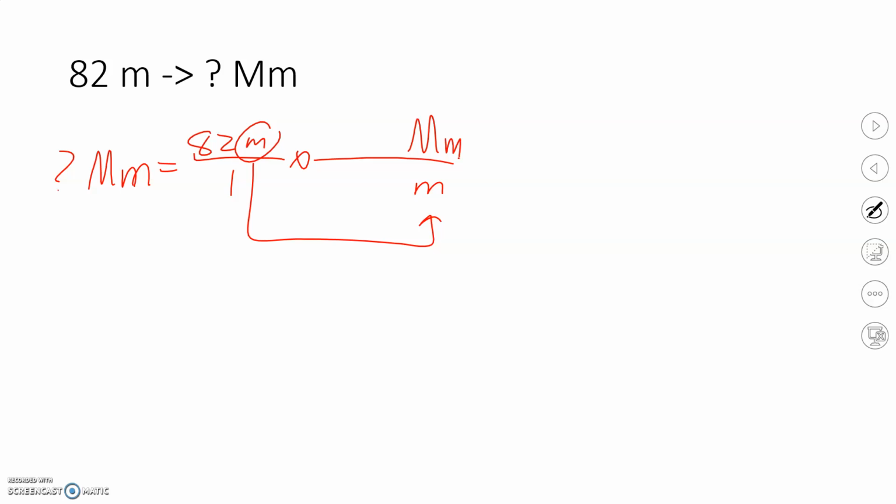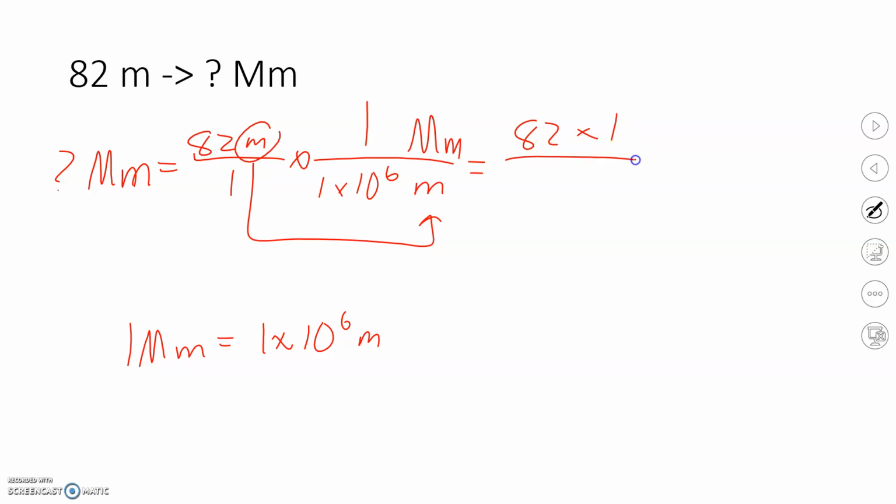When we look at our conversion chart, we know 1 megameter equals 1 times 10 to the 6th meters. So 1 goes with the megameter, 1 times 10 to the 6th goes with the meters down below. So then we go to look, we have 82 times by 1, over 1 times by 10 to the 6th.